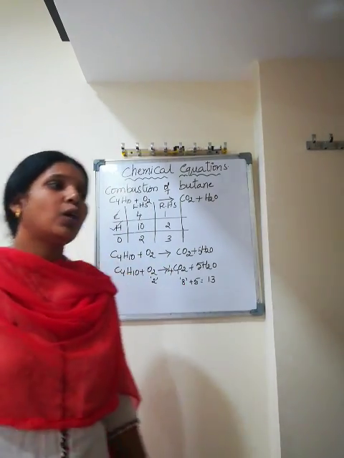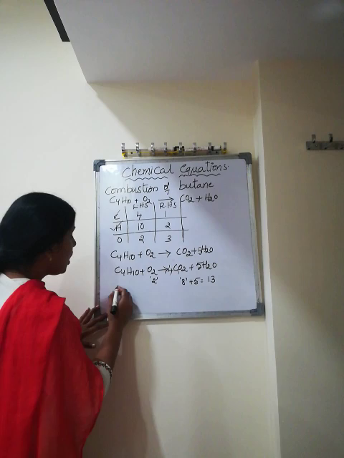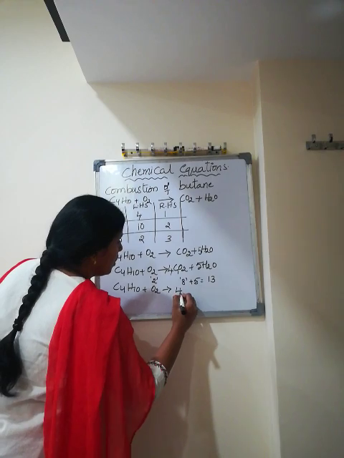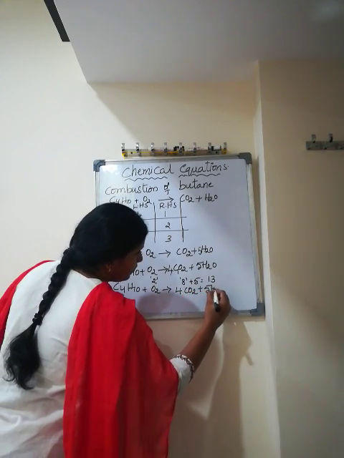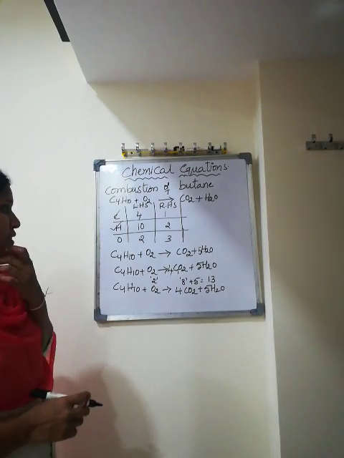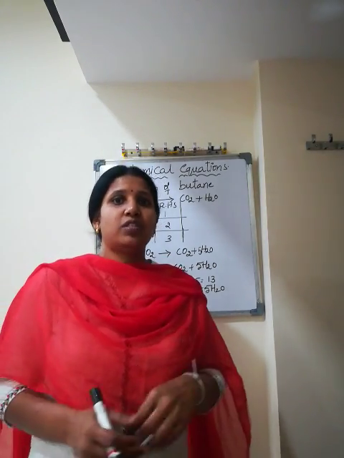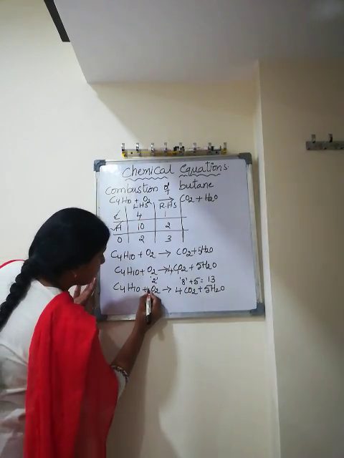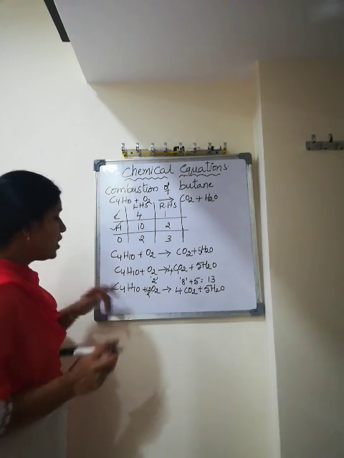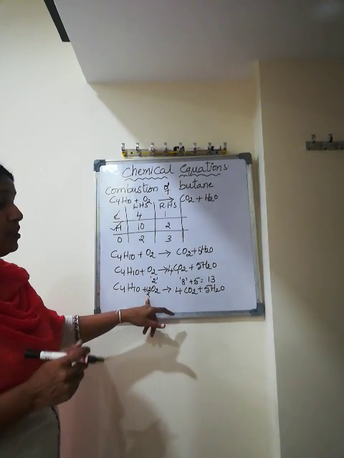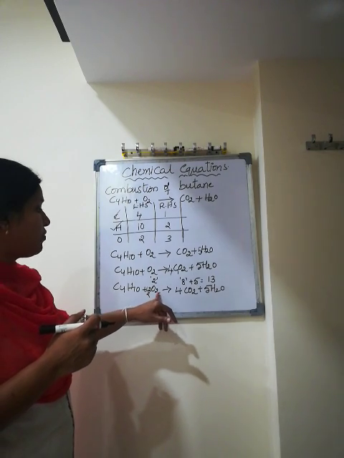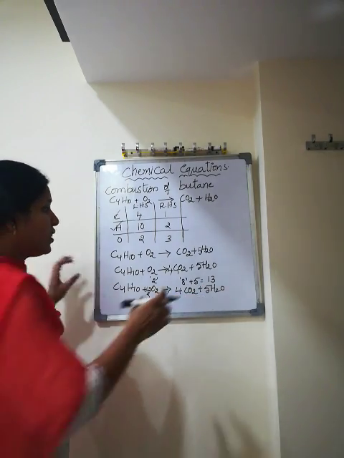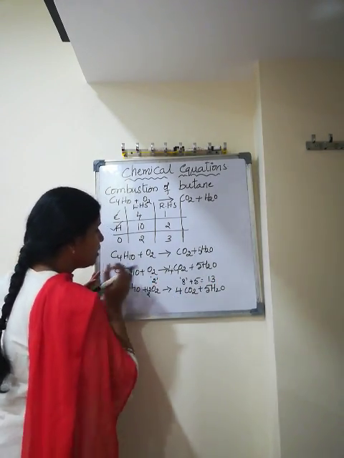Now you have to balance the oxygen atoms. So how can we balance that? C4H10 plus O2 gives rise to 4CO2 plus 5H2O. On the product side 13 oxygen atoms are there, but on the reactant side only 2 oxygens are there.